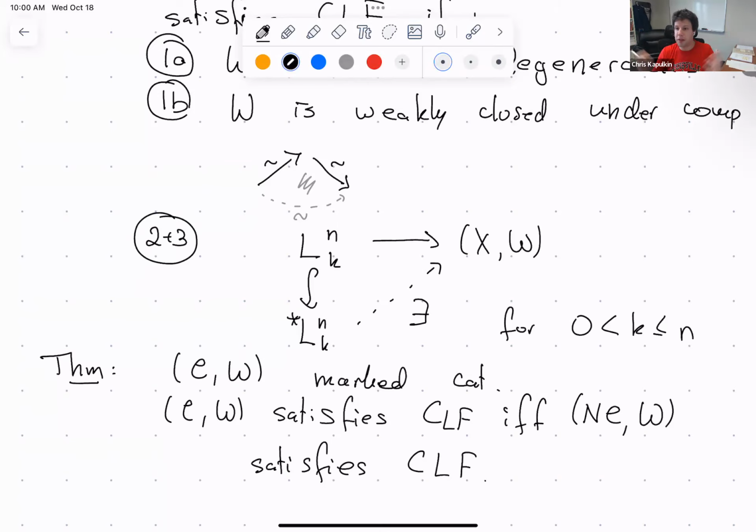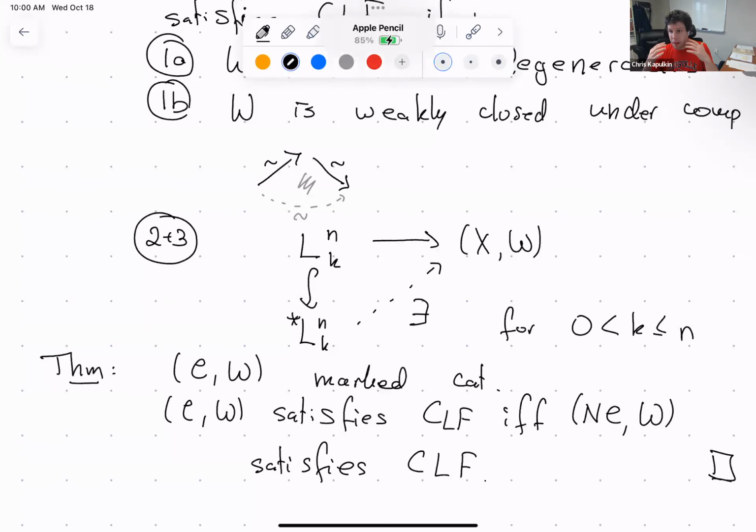So the two CLFs are equivalent. It's a strict generalization of theirs to quasi-categories. And yeah, maybe that's the theorem I want to finish with.